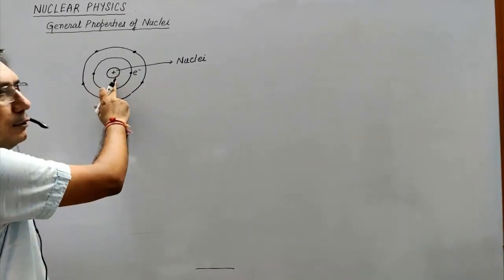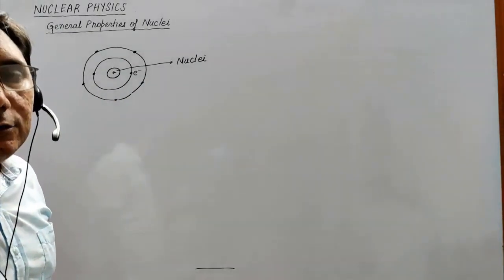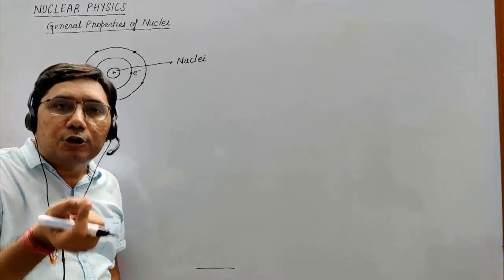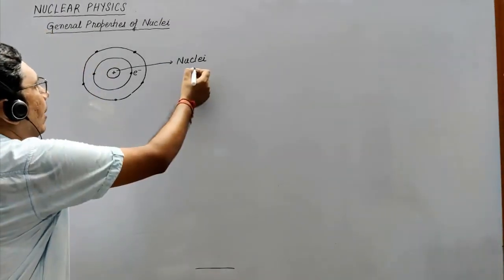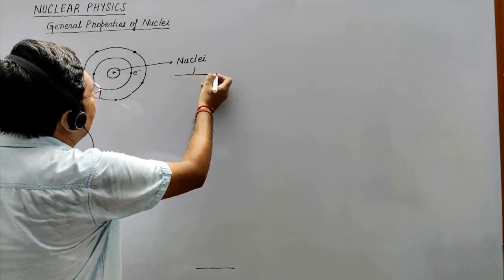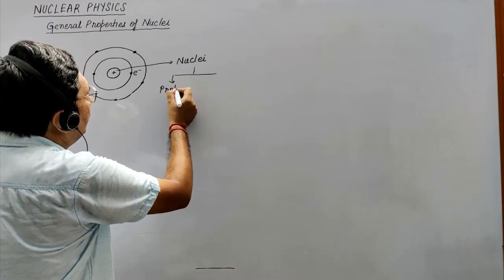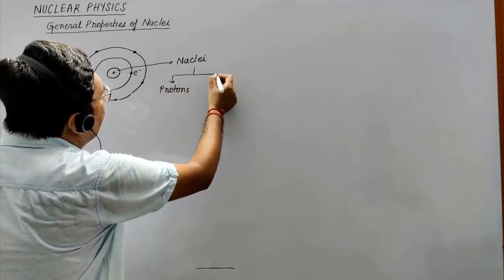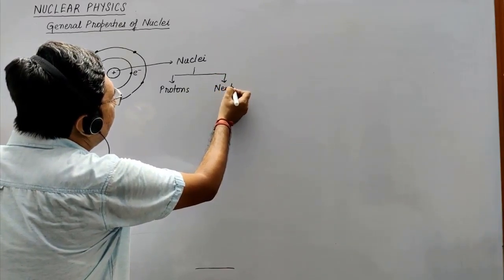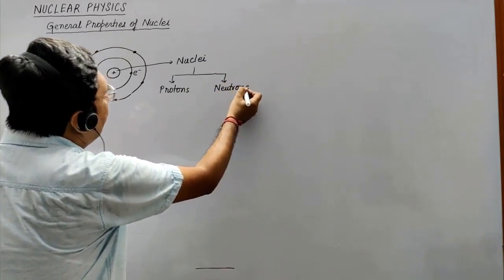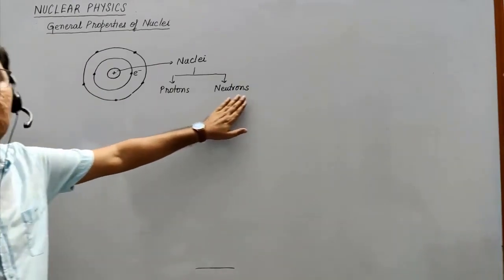This central part of the nuclei is made up of two types of particles, or you can say that the constituent particles of the nuclei are two particles. One of the particles is known as protons, and the other type of particles are neutrons. So there are two types of particles which exist inside a nucleus, protons and neutrons.